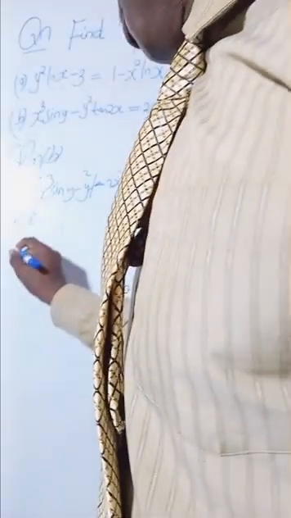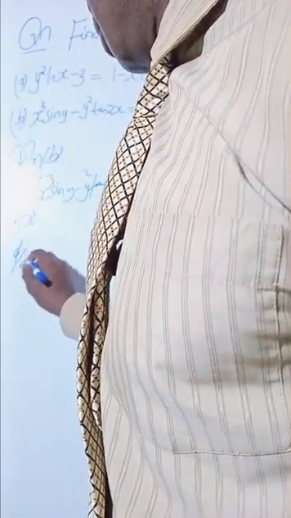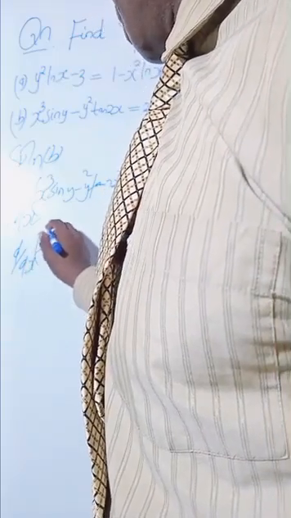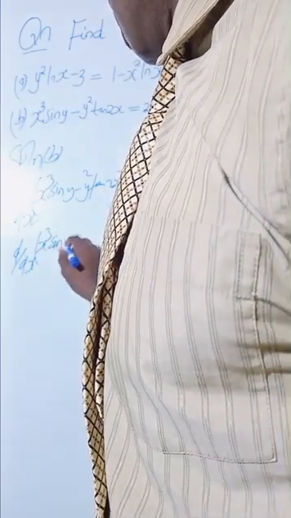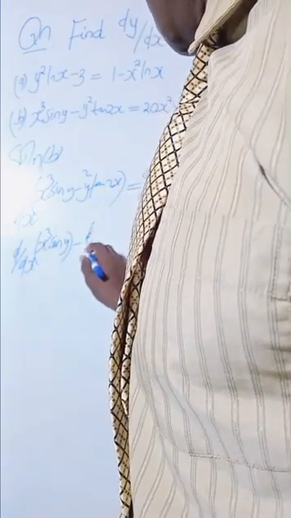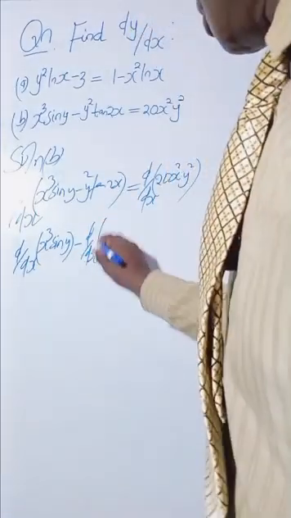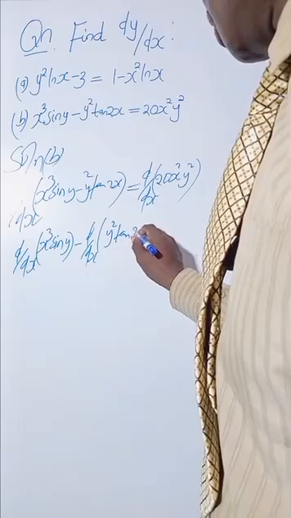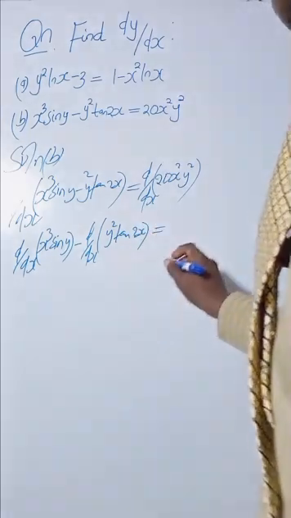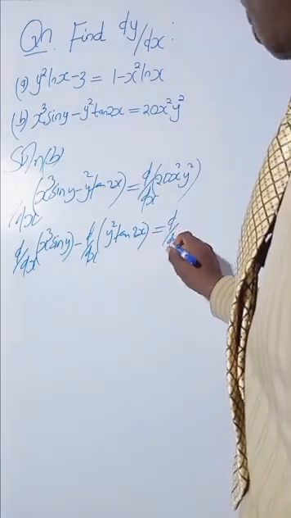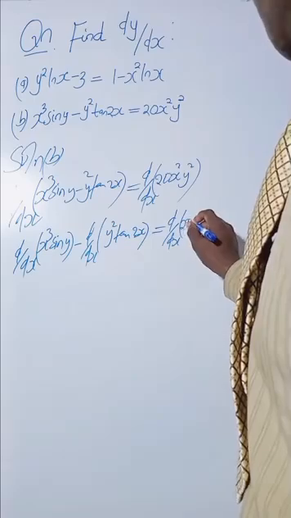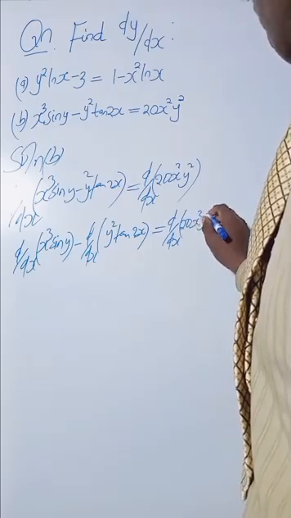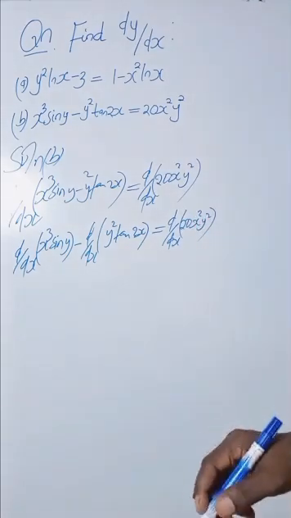This is the same as writing the derivative with respect to x of x cubed sine y, minus the derivative with respect to x of y squared tan 2x, which equals the derivative with respect to x of 20x squared y squared.